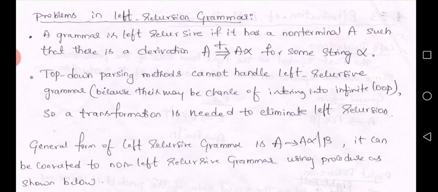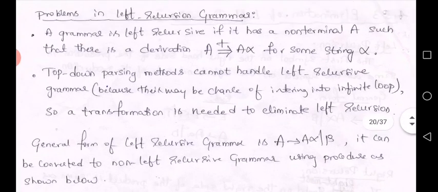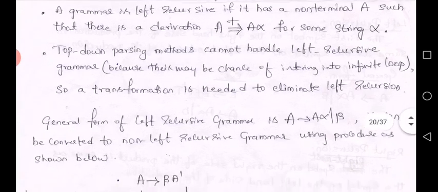Same thing we discussed already. Top-down parser methods cannot handle left recursive grammar because there may be chances of entering an infinite loop. So a transformation is needed to eliminate left recursion.